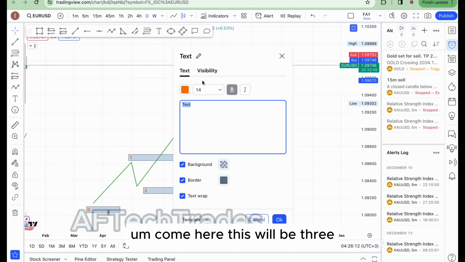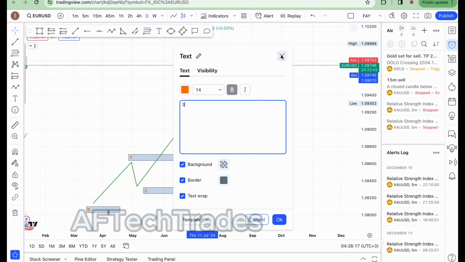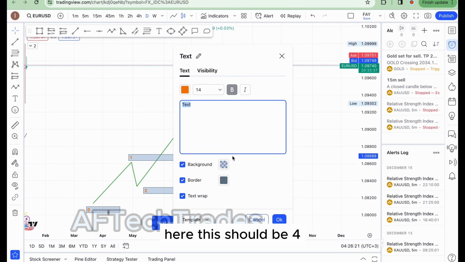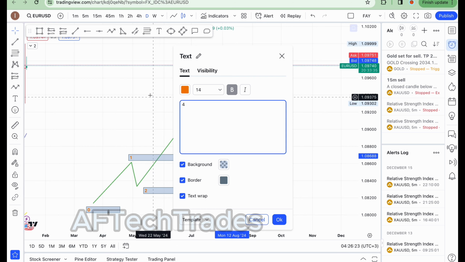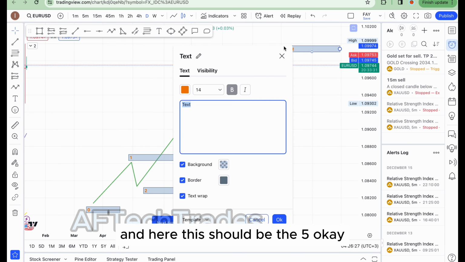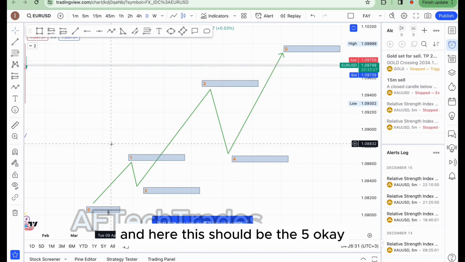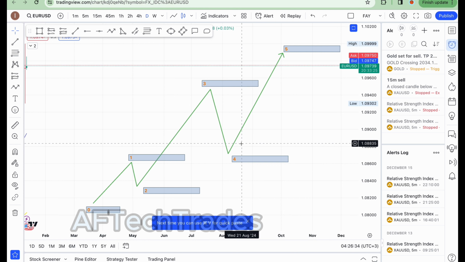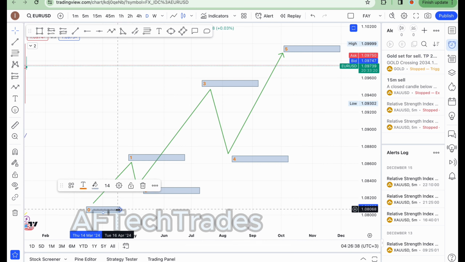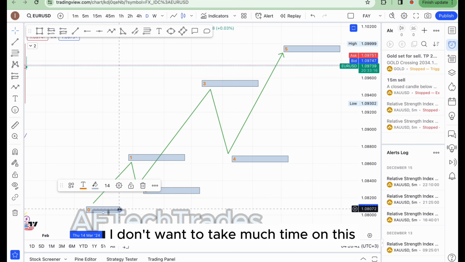This will be 3. Here. This will be 4. And here. This will be the 5. I don't want to take much time on this.